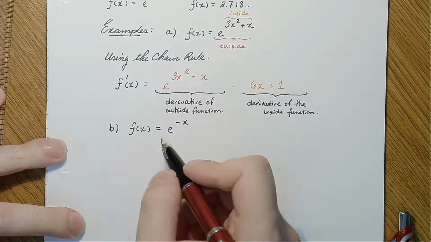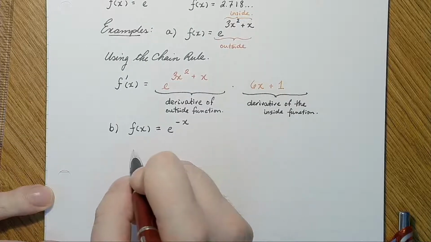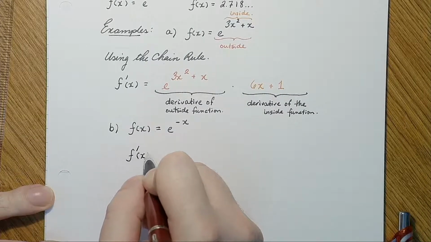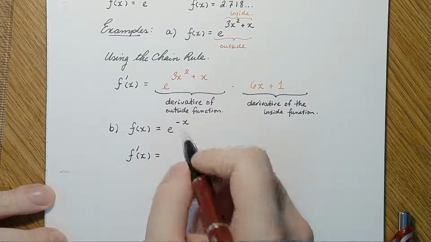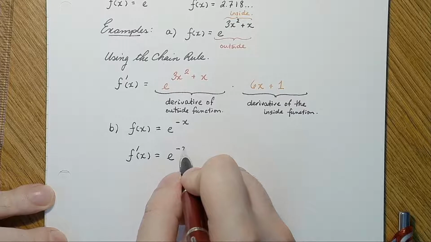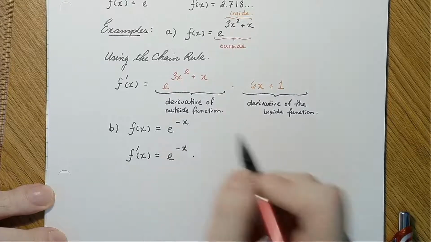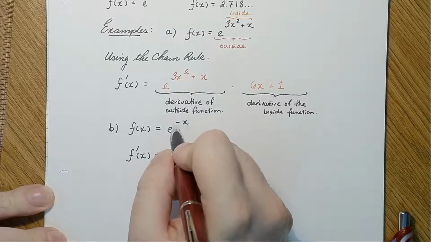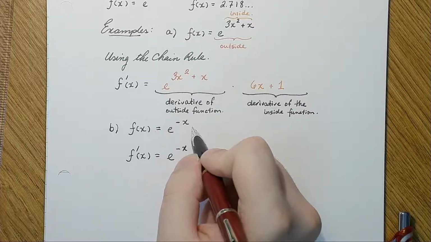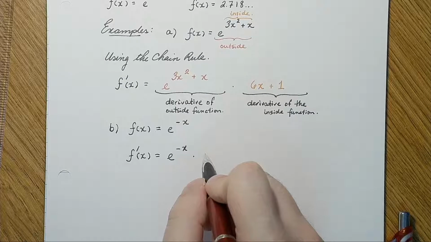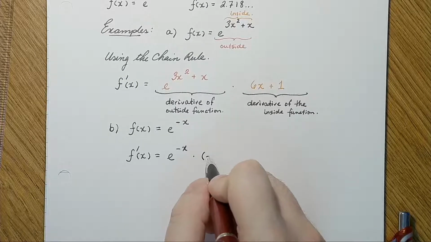And so again, I have the derivative of my outside function, so that's just itself, e to the minus x, times the derivative of the inside function, so this would be my minus x. In this case, the derivative of minus x is minus 1.